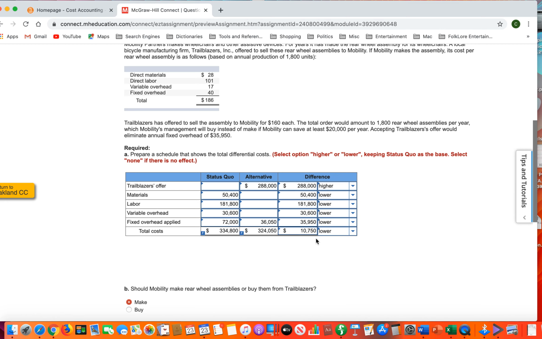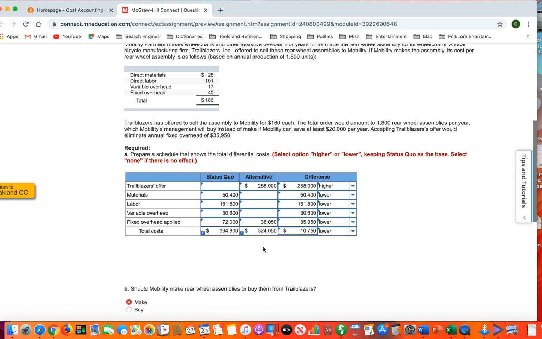The total cost is $334,800. You figure that out by what I set up above. Multiply each of these numbers by 1,800. This is what it's going to cost you if you buy from them, and you're going to still have this much overhead. So that plus the overhead you're going to keep, that's your cost.